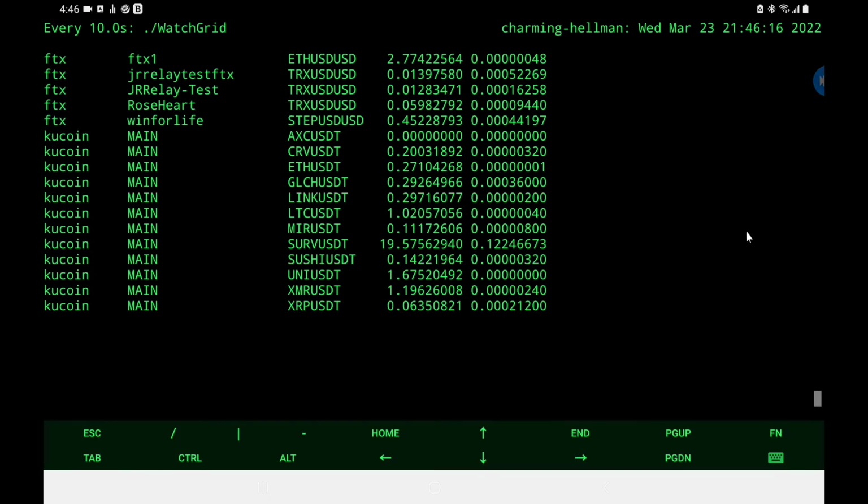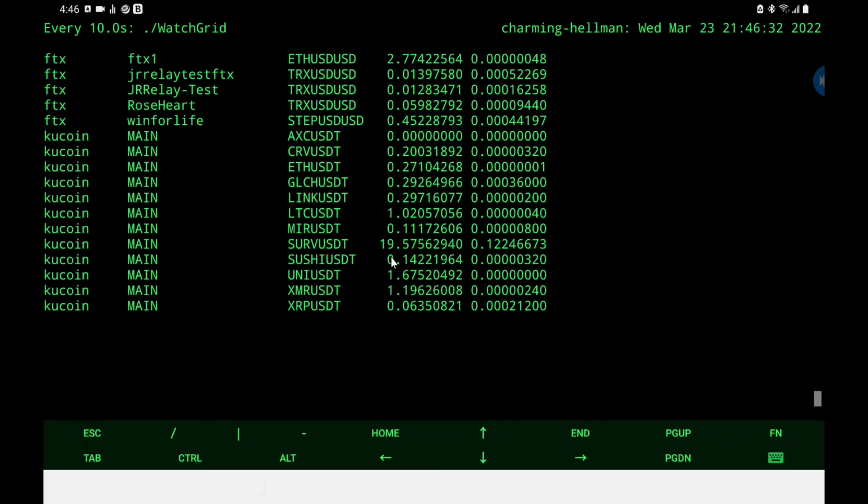Okay, now I'm in my VPS watching all of the coins I am trading. Exchange, account, the coin, my realized profits, the amount of the realized profit of the last sale.